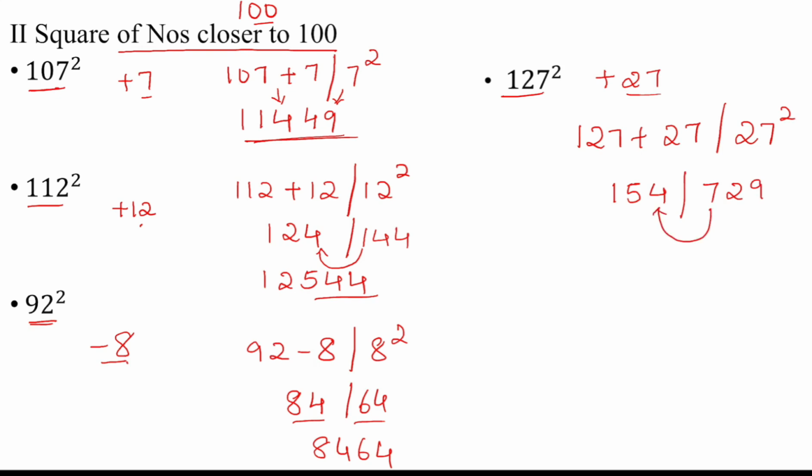When you add, it becomes 11. So 1 will go as carry here. So it is 16129. Okay, 7 plus 4 is 11. 1 will be here, 1 goes as carry here. So 1 plus 5 is 6. Then 1 is here and the remaining 2 as it is, 29. So 16129 is the square of 127.